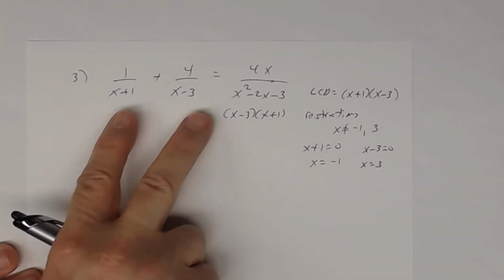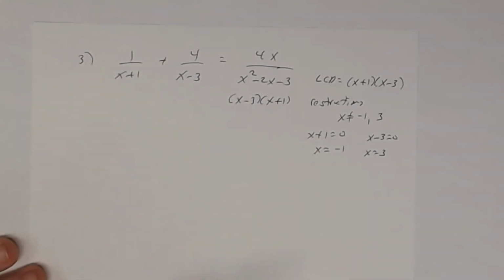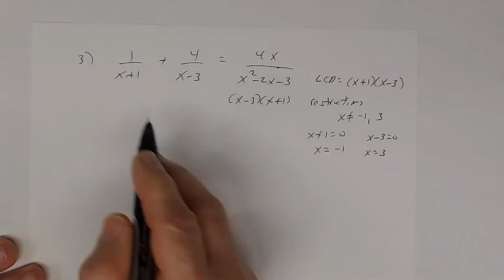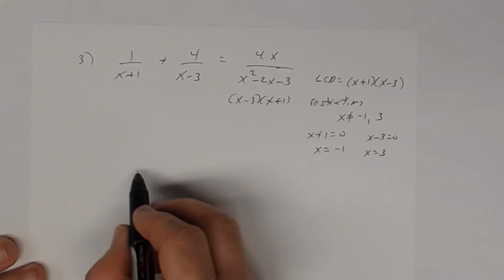The next step is to multiply both sides by the least common denominator. So I'm going to put this in brackets right here since there are two fractions on this side.